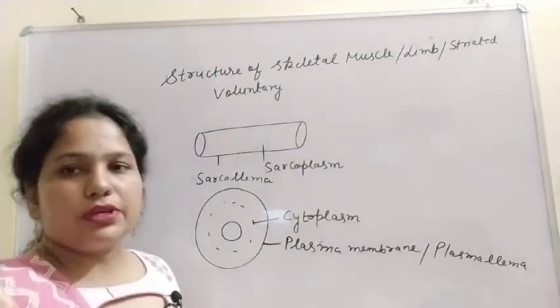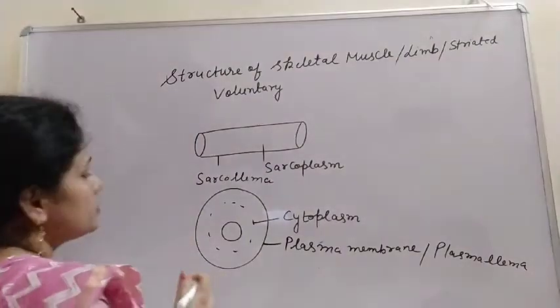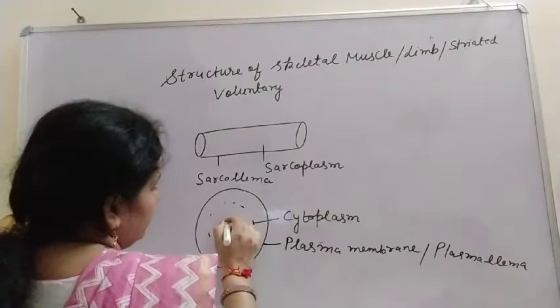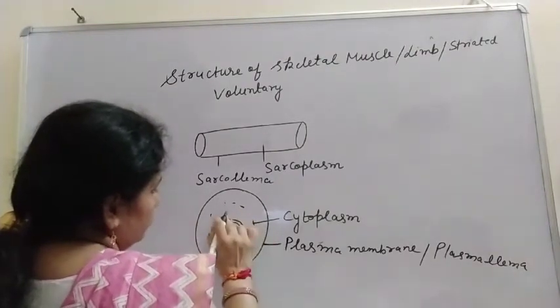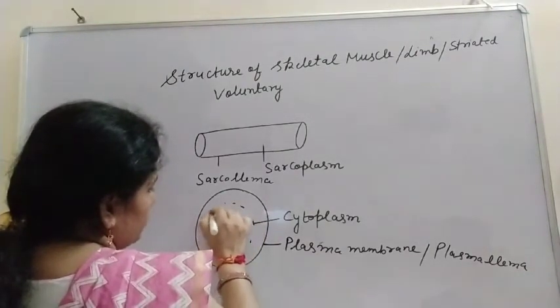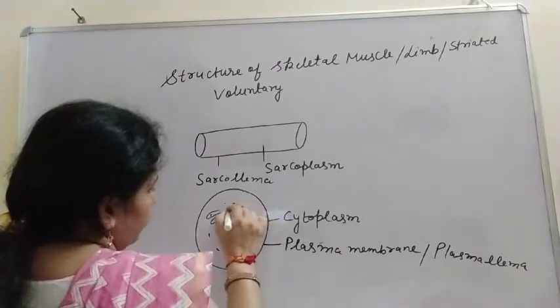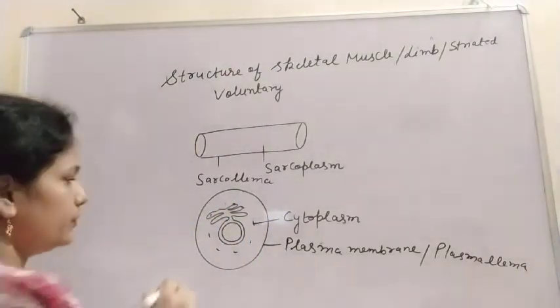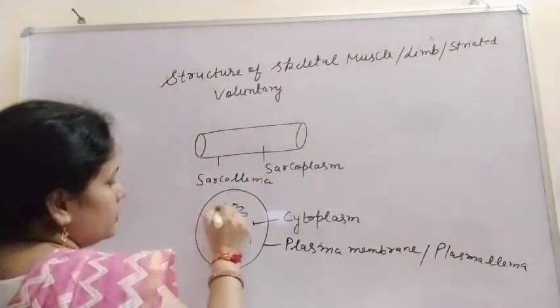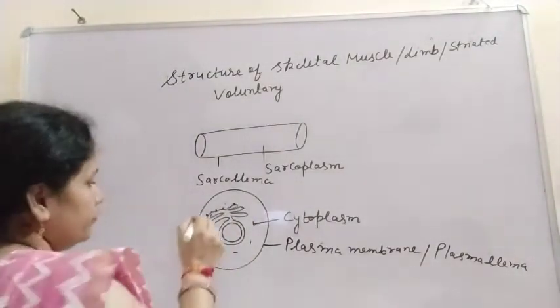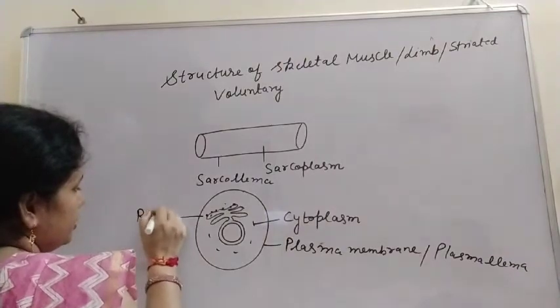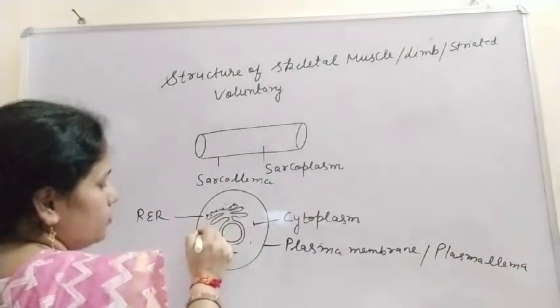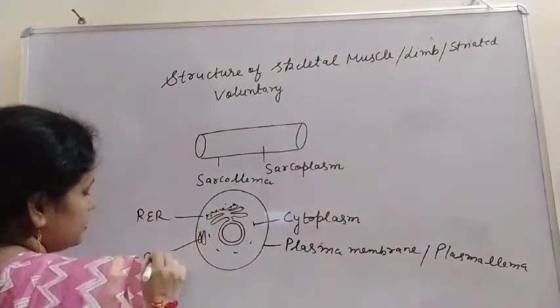And the endoplasmic reticulum of muscle cells: like here, from the nucleus, some tube-like structures show continuation with it, and these are the endoplasmic reticulum. If these bear ribosomes on them, then they are known as RER, and if ribosomes are not present, then SER.